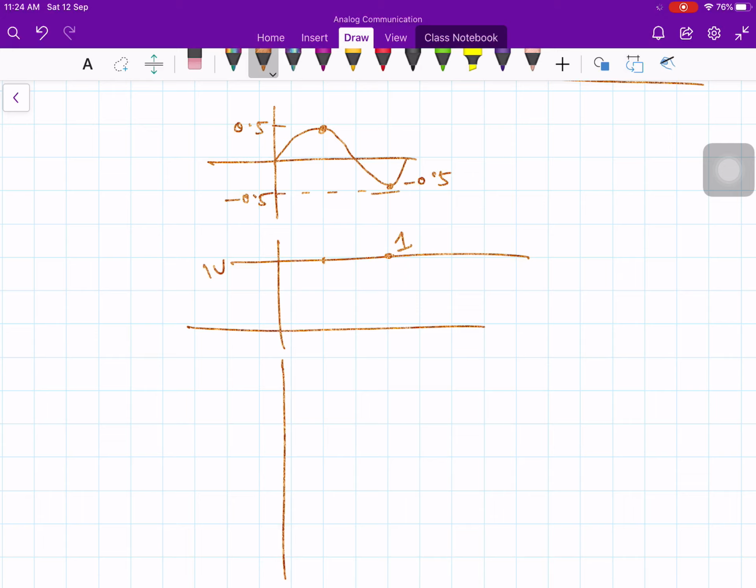If you add these two guys, 1.5, okay, like this, then it starts from 1, it goes like this.